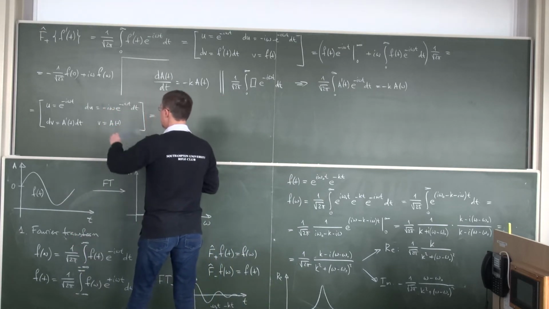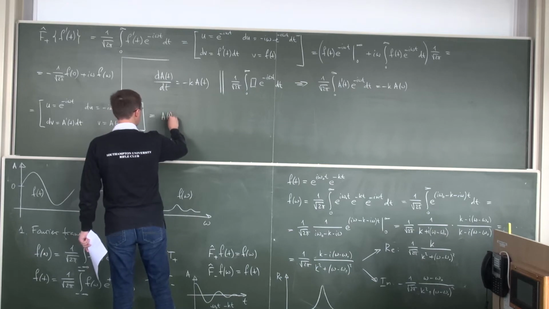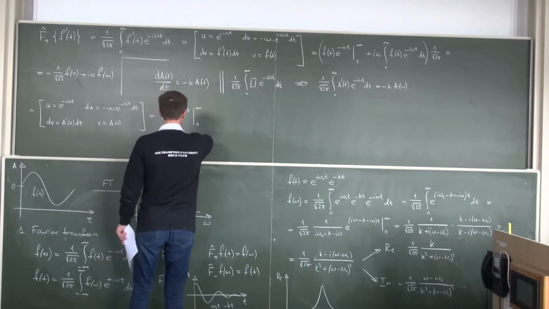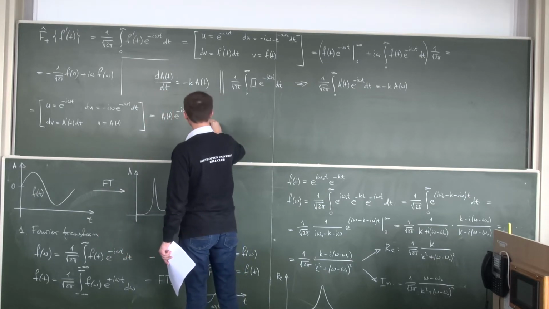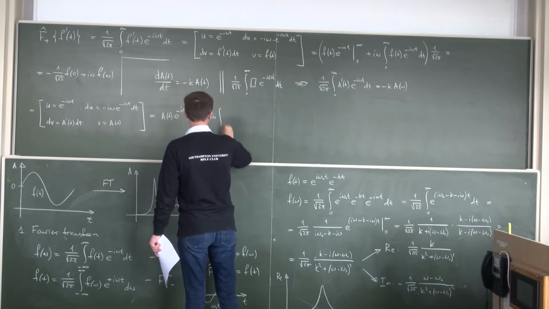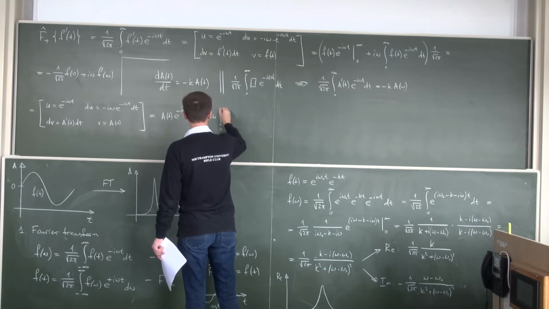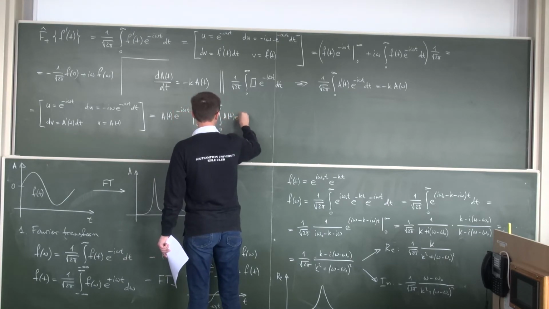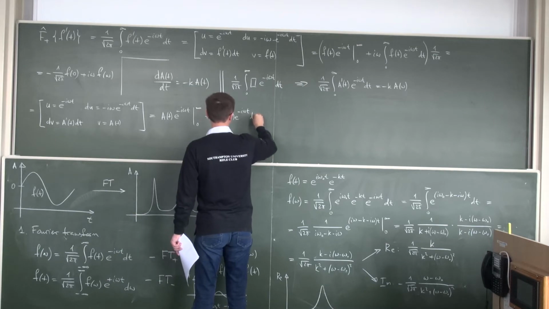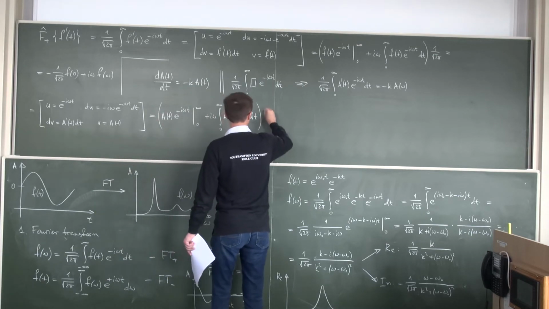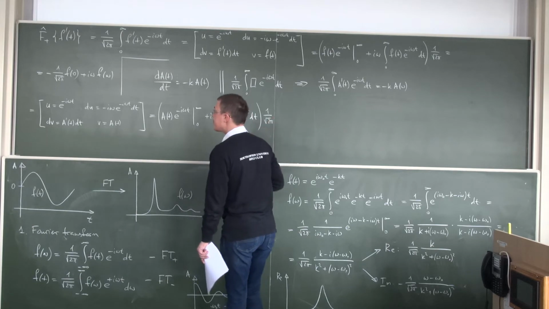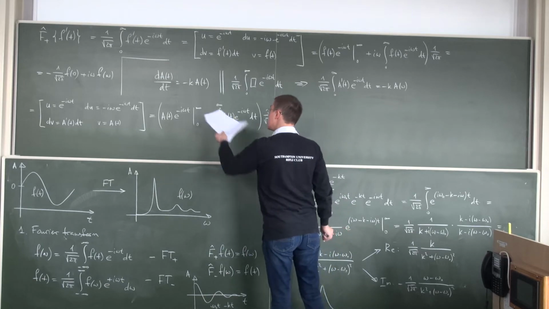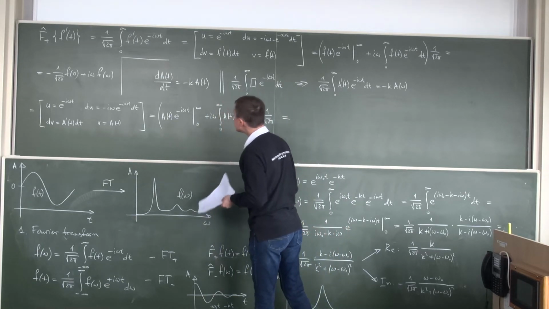So we have uv, A of t e to the minus i omega t from 0 to infinity, and then minus integral of v du, so plus i omega integral from 0 to infinity of A of t e to the minus i omega t dt, all of that times the 1 over 2 pi that we had in front there. Okay, at the infinite limit, concentration's gone, it is 0.